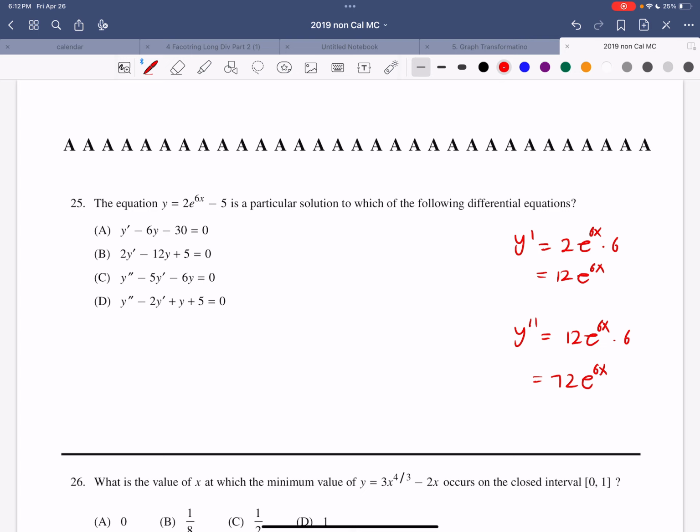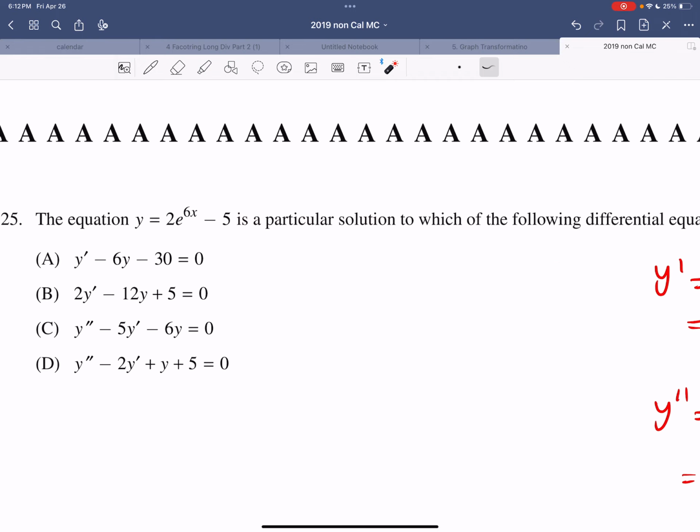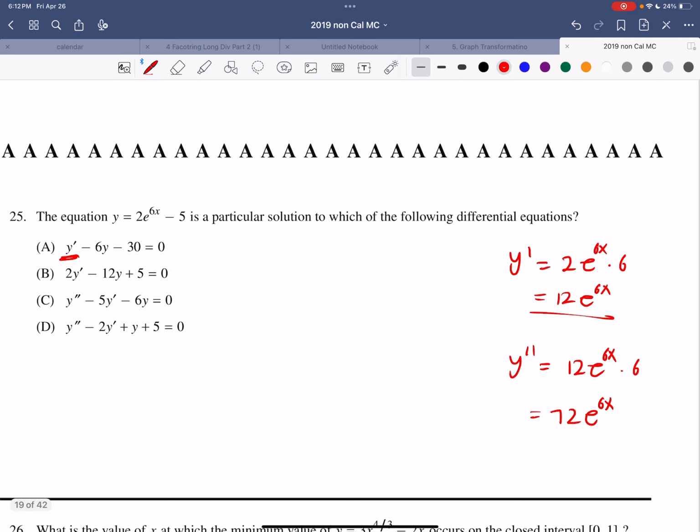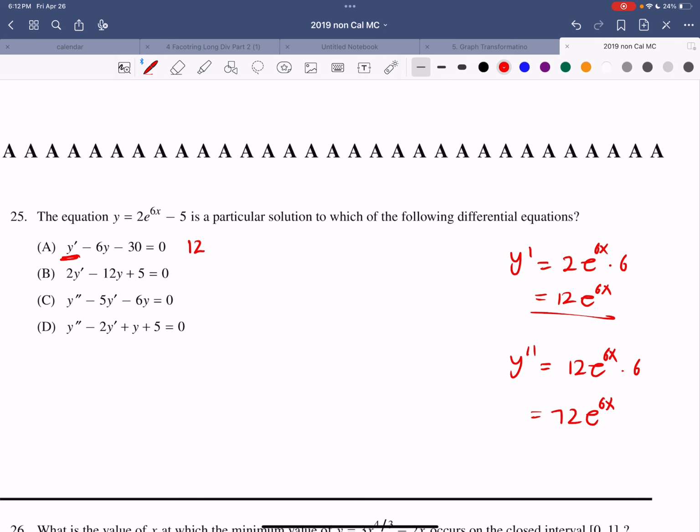The only thing you have to do is plug this into here and see if that is actually true. And you're going to find out. So let's do this. First, instead of y prime, I'm going to plug this one in. So this is the same thing as 12e to the 6x minus 6 times, now instead of y, I'm going to plug this one in, 2e to the 6x minus 5, minus 30 equal to 0.